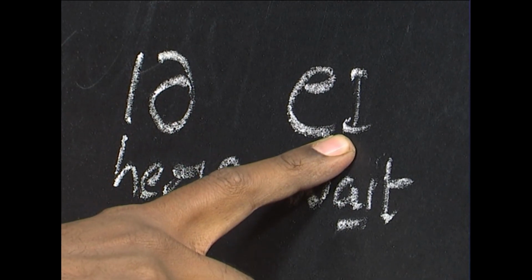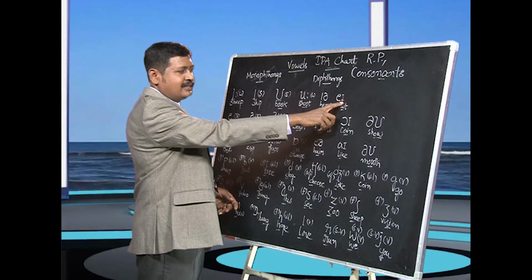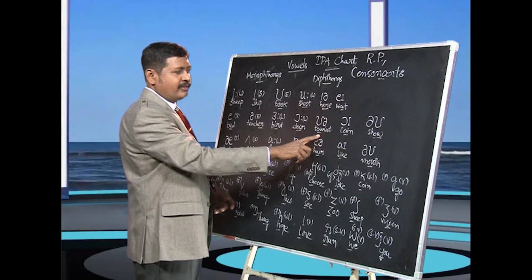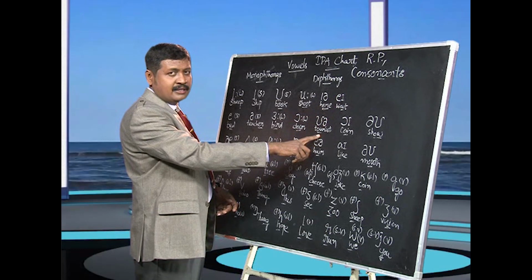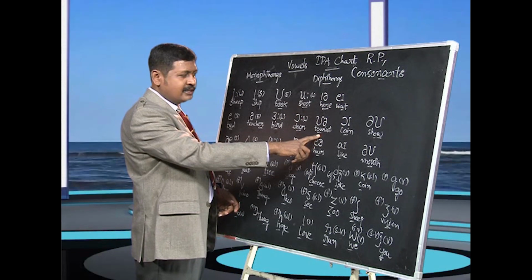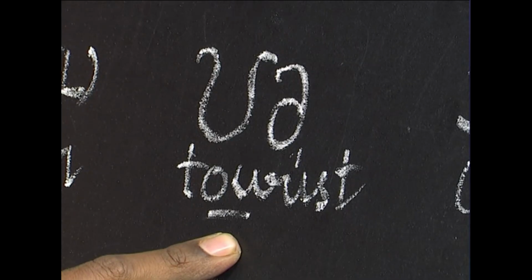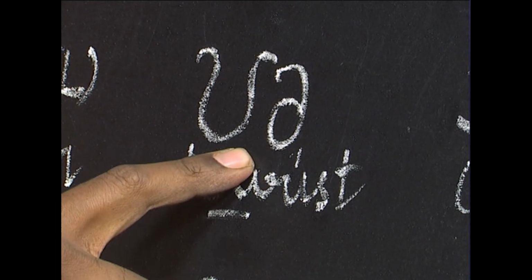This is the sound that is used. This is the vowel sound. Then coming to the other diphthong under the 8 diphthongs, the third one under the main category vowels. Tourist, oo, tourist. This is the sound that is used.